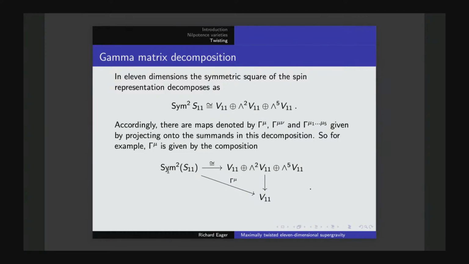And the important thing is we just decompose everything in sight. So we decompose the symmetric square and these vector and wedge products of the 11-dimensional fundamental representation.